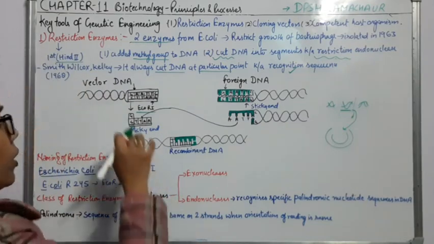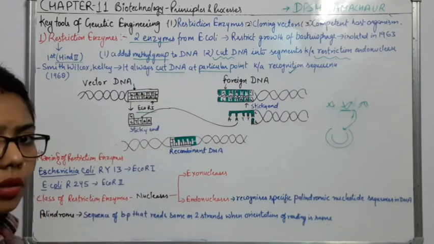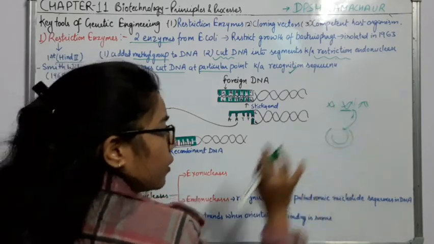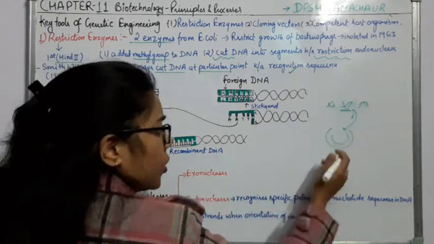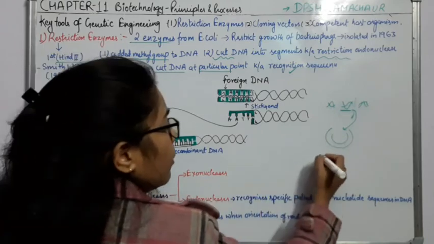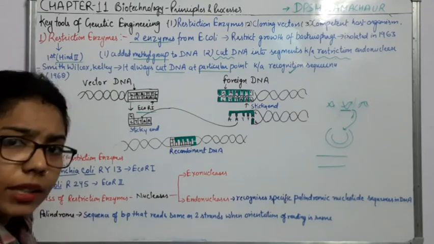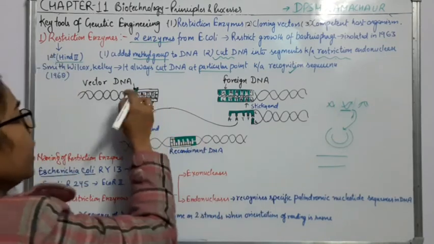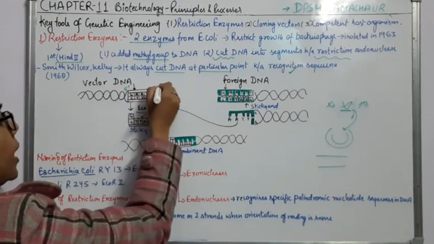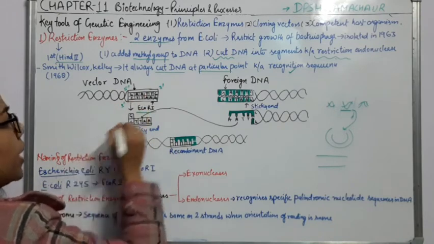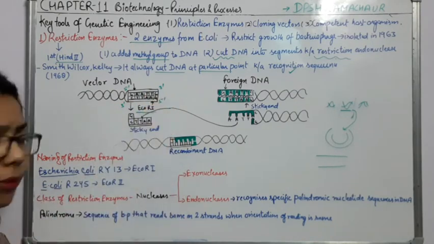For that, this is a sequence. The thing which I have shown here with the plasmid, these are the two strands. If I show these two strands like this, one end can be the 5 prime and 3 prime end, and the other can be the 3 prime as well as 5 prime end.